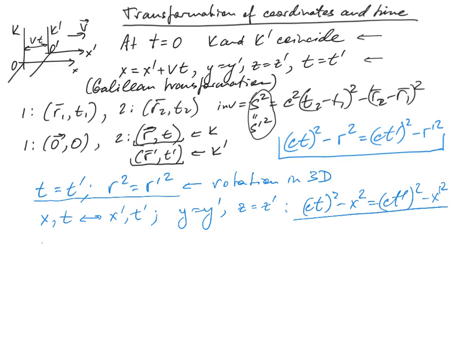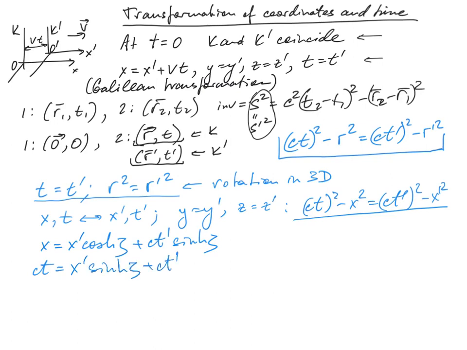So let's write it in the following way. x equals x prime times the hyperbolic cosine of a parameter, which we'll call zeta, plus ct prime times the hyperbolic sine of zeta, and ct equals a similar expression where the sine and cosine are interchanged.